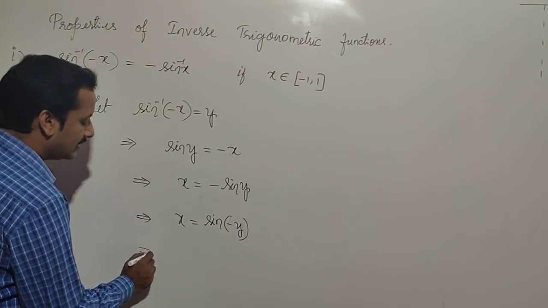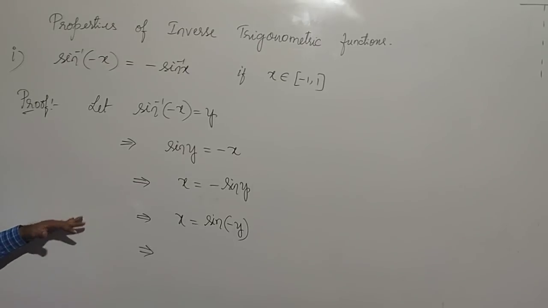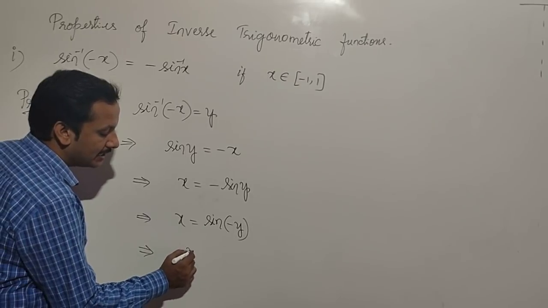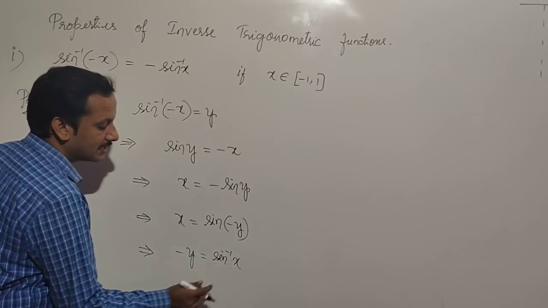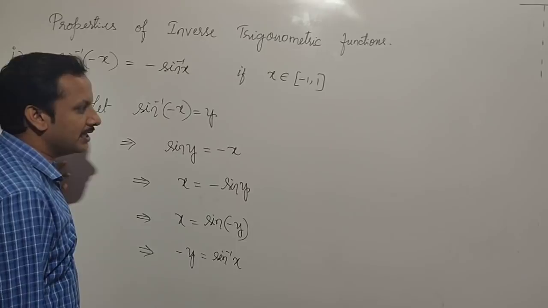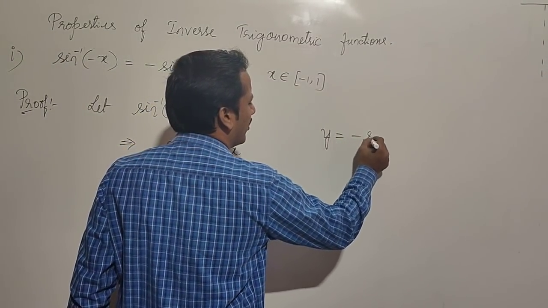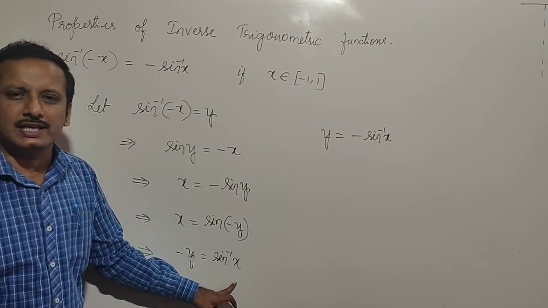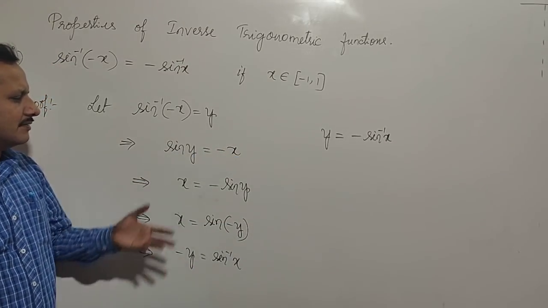This will imply, see here, we have x is equal to sine of minus y. Now, by definition of inverse trigonometric function, we can write minus y is equal to sine inverse of x, or y is equal to minus sine inverse x.